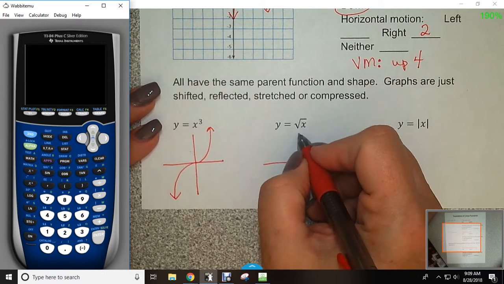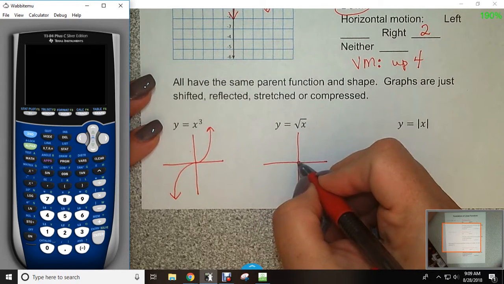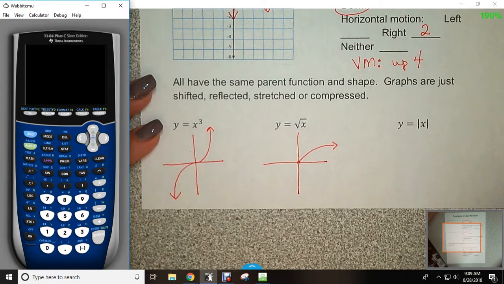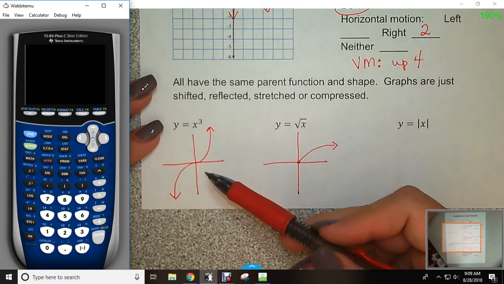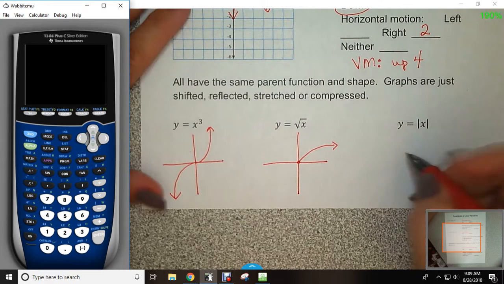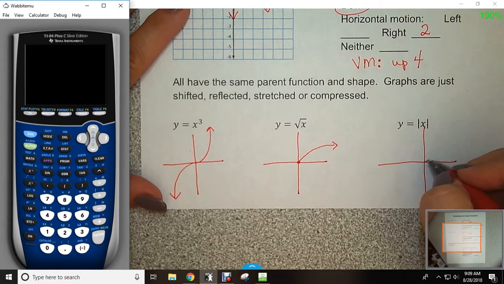For the square root of x, it looks like this. I say it kind of looks like an eyebrow. Not exactly, but if I say the graph's an eyebrow, hopefully it will help you picture this graph. Okay, x cubed I call a squiggle. This one I say it looks like an eyebrow. And for the absolute value, it is a V shape.